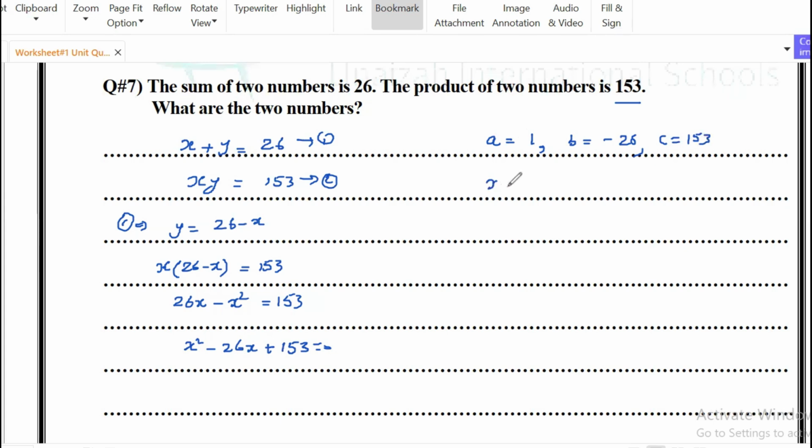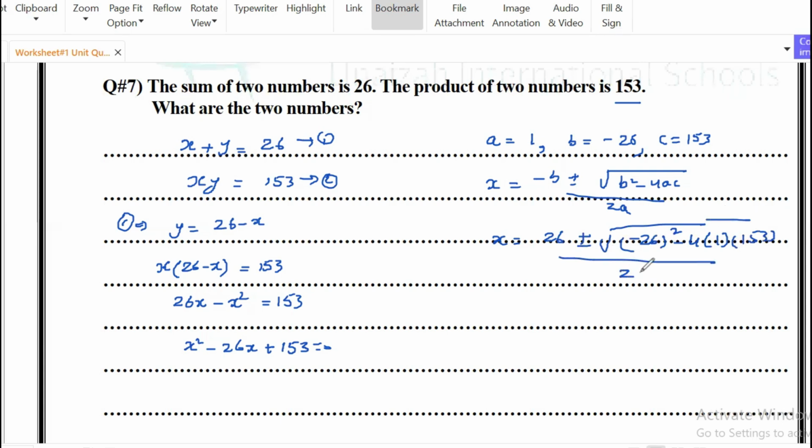We have the quadratic formula, which is x equals minus b plus or minus the square root of b squared minus 4ac, over 2a. So apply these values here. b is already minus, so it is plus 26 plus or minus the square root of minus 26 whole squared minus 4 times a, which is 1, times c, which is 153, over 2a. A is 1. Then x is equal to what?